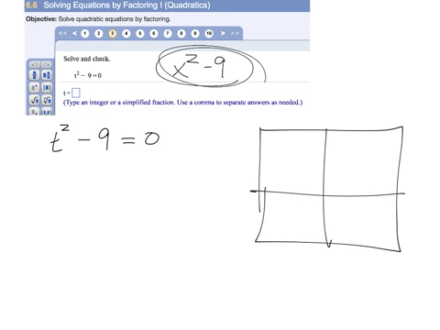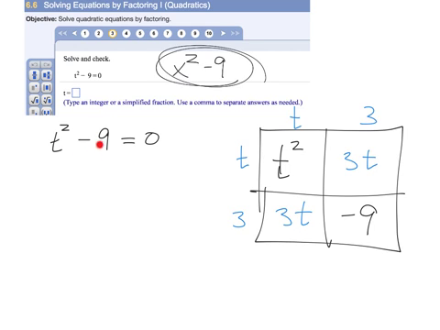You put the t squared right there, you put the negative 9 there, and you recognize that these are squares. t times t gives us t squared. 3 times 3 gives us 9. We're going to ignore the sign for a second, which means in these internal terms we get 3t and 3t.